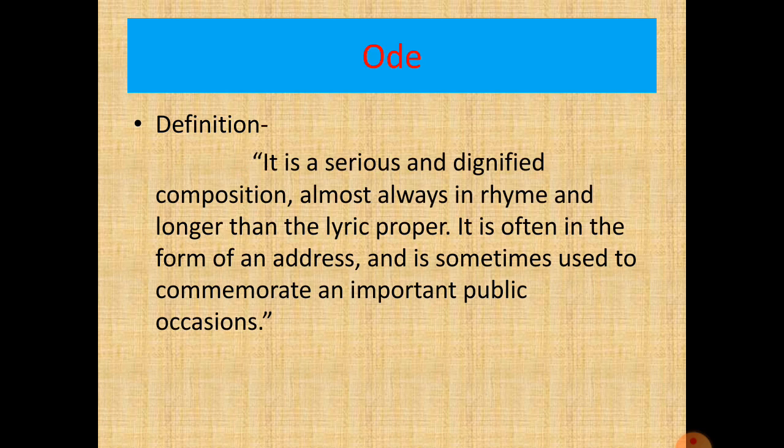According to B. Prasad, it is a serious and dignified composition, almost always in rhyme and longer than the lyric proper. It is often in the form of an address and is sometimes used to commemorate an important public occasion.